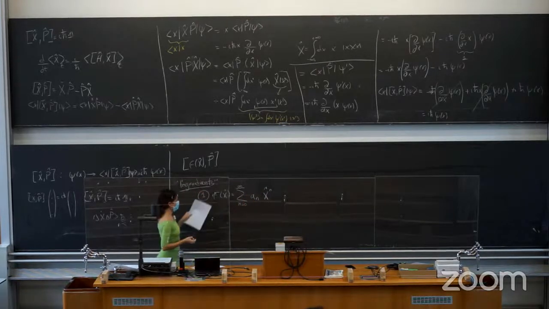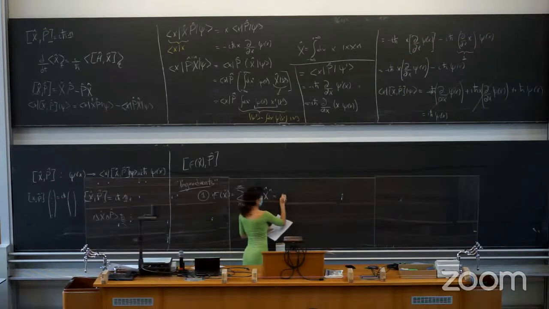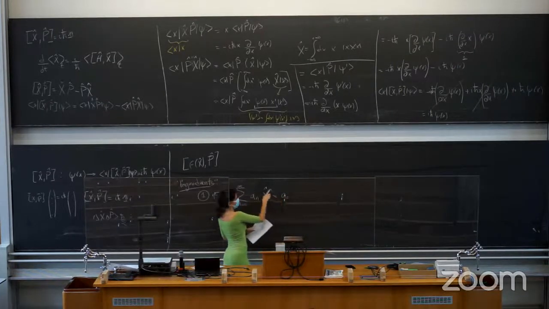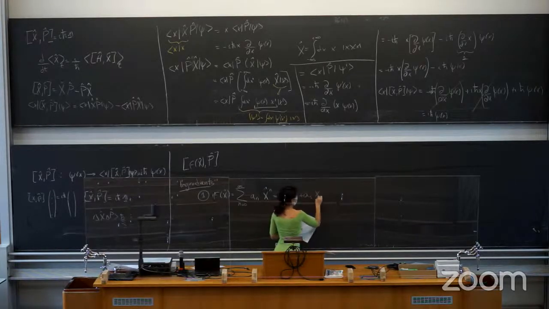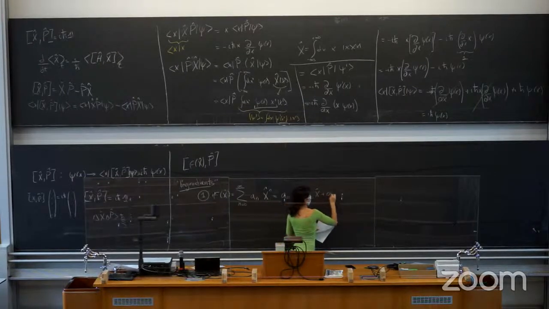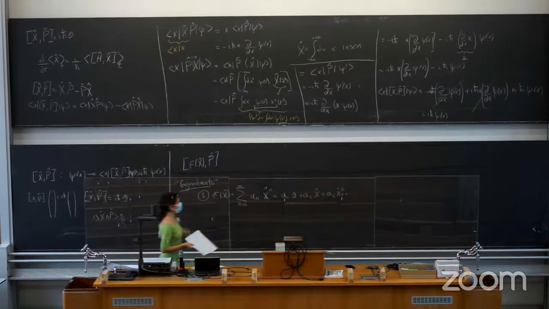Just to be clear, this is A0 times the identity matrix or operator, plus A1 x, plus A2 x square, etc. And this kind of object is much easier to work with than, say, cosine of X or exponential of X.